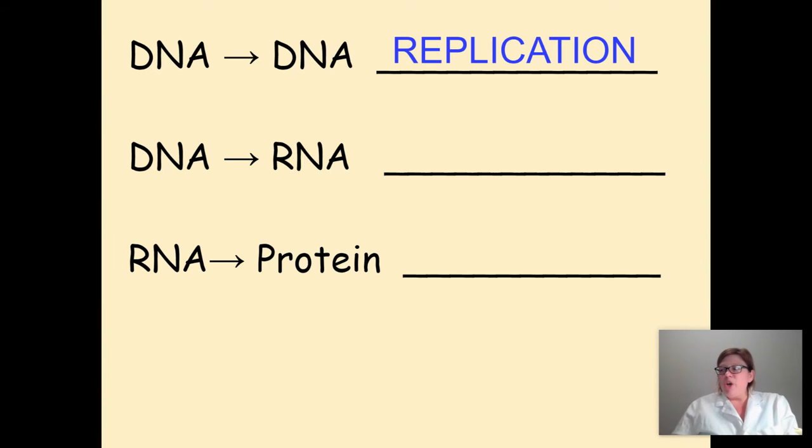Replication, absolutely. So if we're replicating a DNA molecule, or DNA synthesis is the same as replication. You're making another copy of DNA. You're making DNA from DNA. Okay, so DNA copies itself. That's called replication.